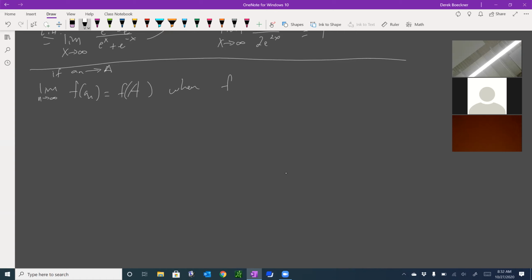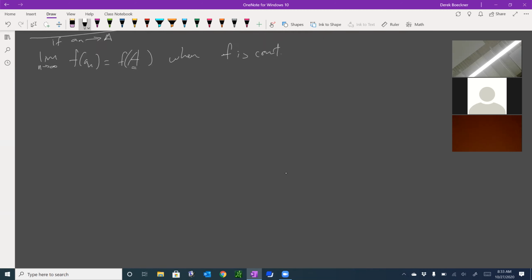So if I take a sequence inside the function, I could have taken the limit of the function first when f is continuous. And we're going to use that here. And this lets us find these things called indeterminate forms, and then you use L'Hôpital's rule whenever you have an indeterminate form.